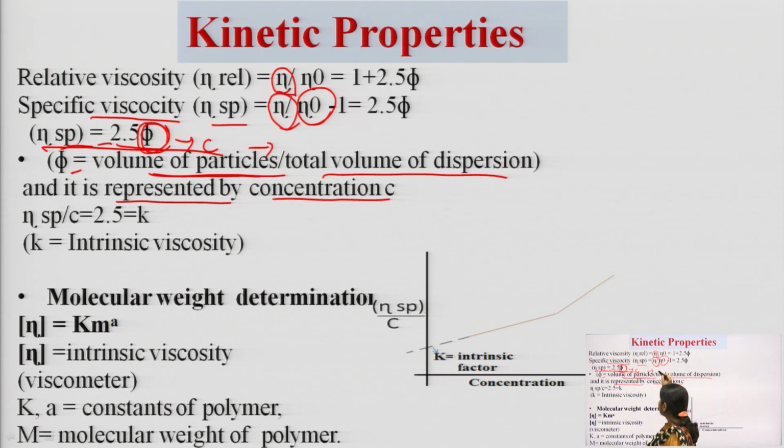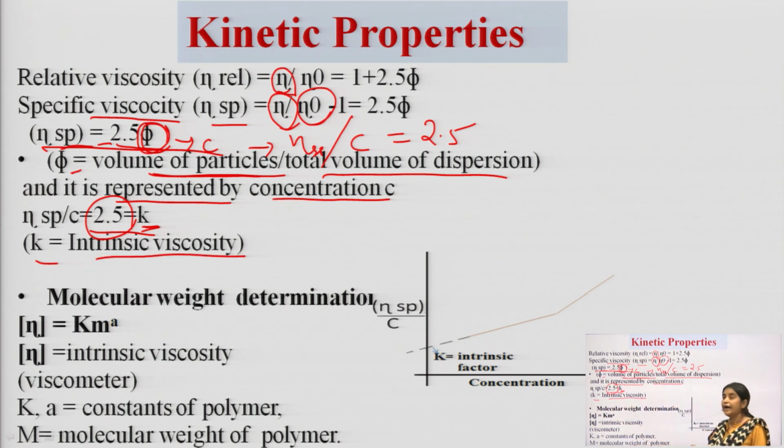then we will get specific viscosity divided by C is equal to 2.5, and this 2.5 can be taken as the constant K, that is your intrinsic viscosity, and molecular weight can be determined by using this equation, that is intrinsic viscosity is equal to K times capital M to the power a.